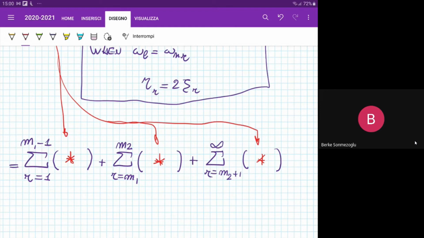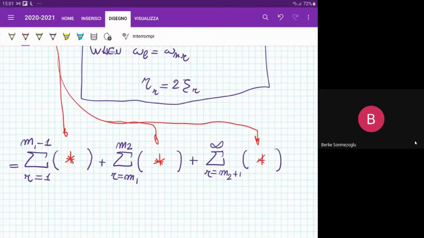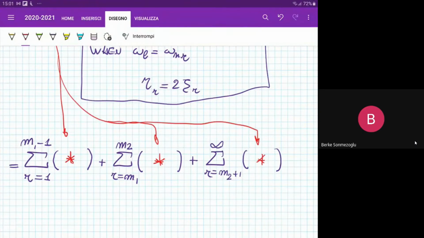Specifically, I am assuming here that my modes of interest are from mode index M1 to mode index M2, whatever they are. They could be the first one, the 10th one, doesn't matter. The summation that goes from the first one to M1 negative 1 means that I am considering all the modal contributions acting at frequencies less than the first frequency composing my frequency range.